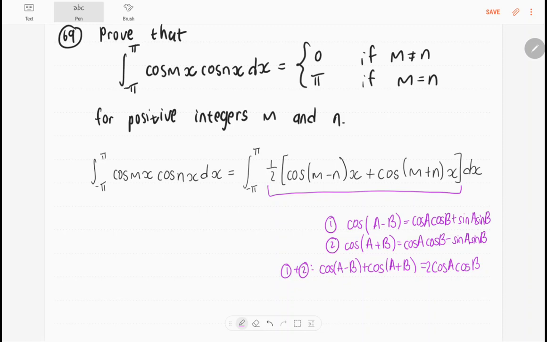So what that means is that cos of a cos of b is the same as a half times cos of a minus b plus cos of a plus b. So that is how we went from here to here. Alright, so that was just a side note.